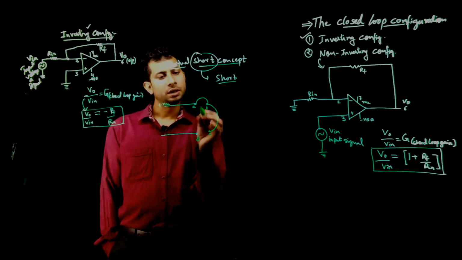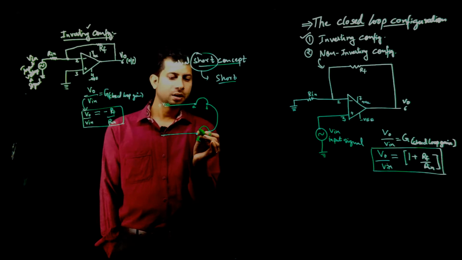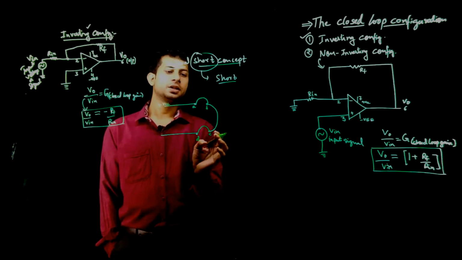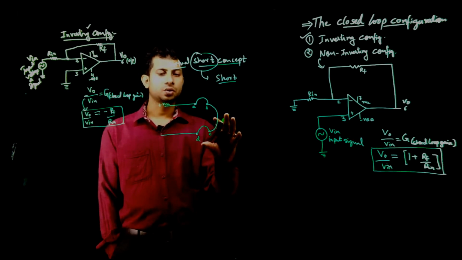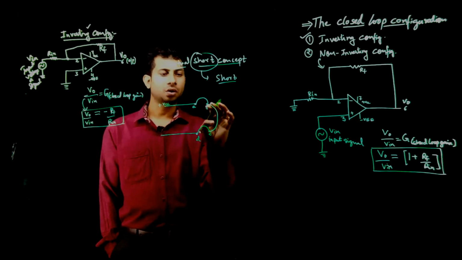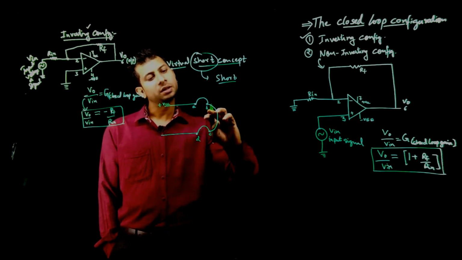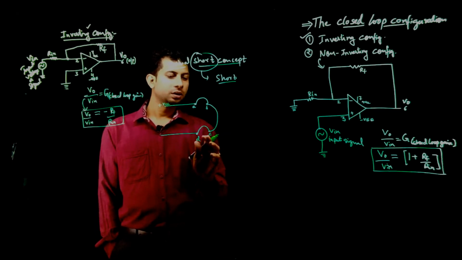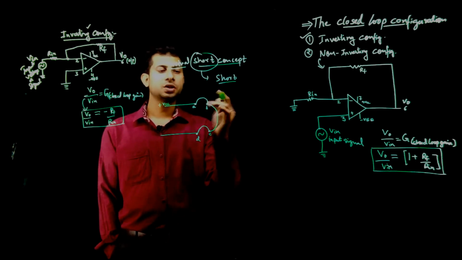If we take a small jumper wire and make a connection between D and C and between A and B, then this condition is known as shorting: we have shorted these two points with a small piece of wire. This is known as shorting.